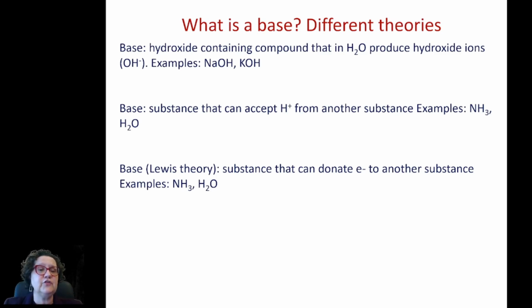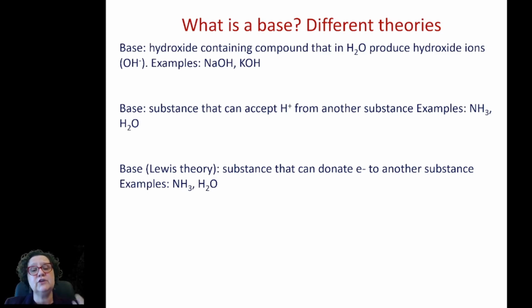Bronsted-Lowry changed the definition of base, looking not at what the compound had, but at what the compound could do. So a base, according to Bronsted-Lowry, is a substance that can accept hydrogen ions from another substance, an acid. So an acid donates hydrogen ions, a base accepts hydrogen ions. Most, if not all, of the exercises we're going to do throughout this topic are based on these two definitions.